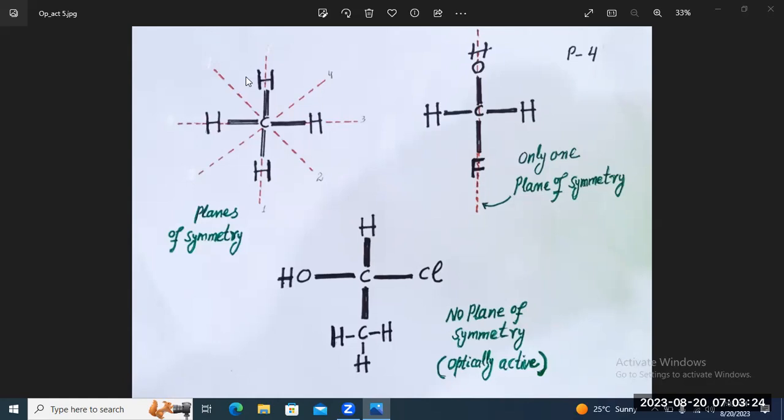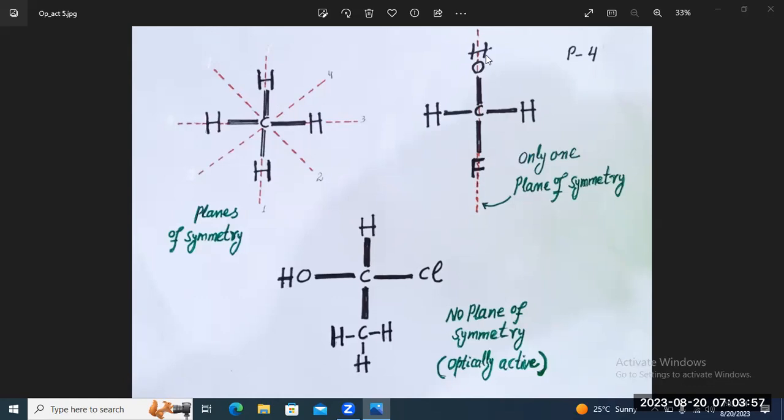So this molecule consists of the plane of symmetry. It is having plane of symmetry. You can see 1, 2, 3, 4. So due to the presence of the planes of symmetry, the molecule as a whole is optically inactive.